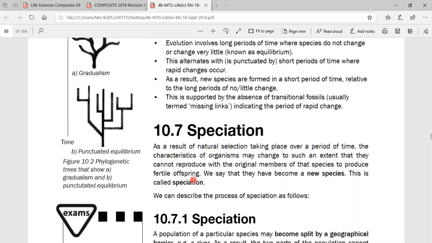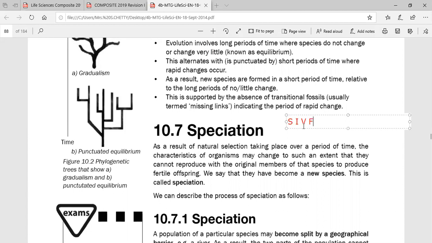Now, what's the definition of species? I teach children to remember the definition of species as SIVF. Similar characteristics: these organisms have similar characteristics, and are able to interbreed to produce viable and fertile offspring. Let's look at that mnemonic again.